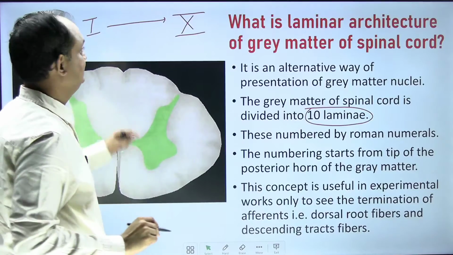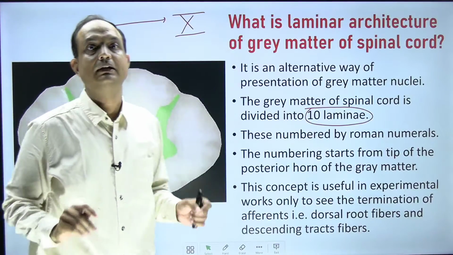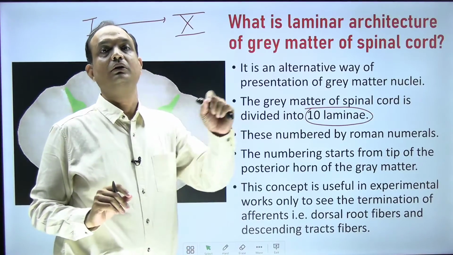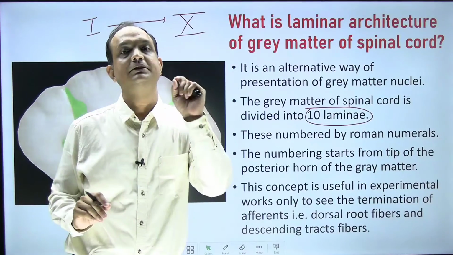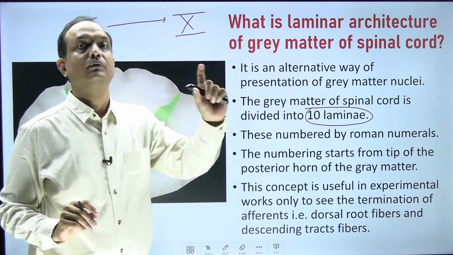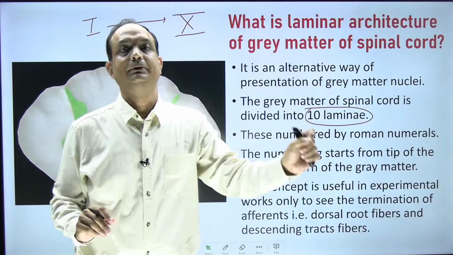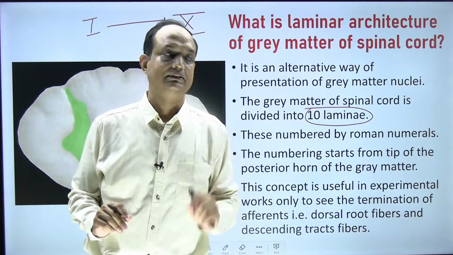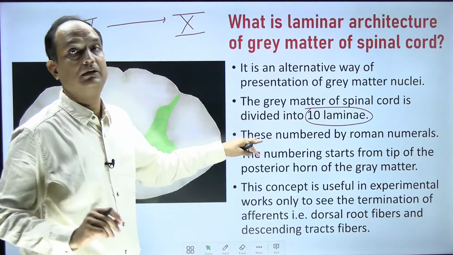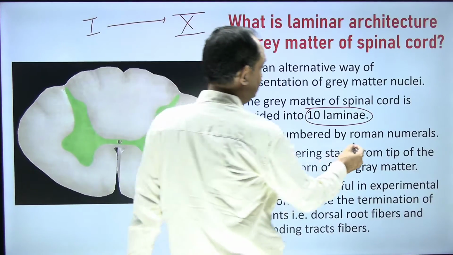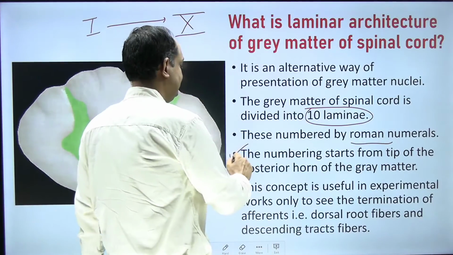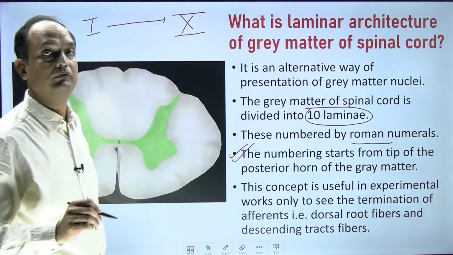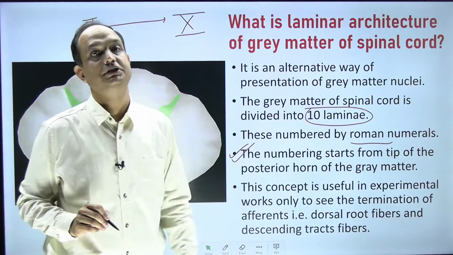Clear? Rather than using names like substantia gelatinosa or Clark's column, we give specific numbers like Rexed lamina 1, Rexed lamina 5, Rexed lamina 10, and so on. These numbers are always written as Roman numerals, and we always start numbering from the tip of the dorsal or posterior horn.